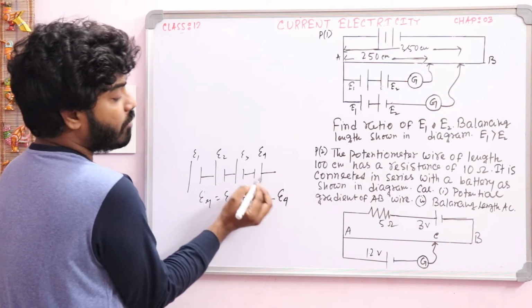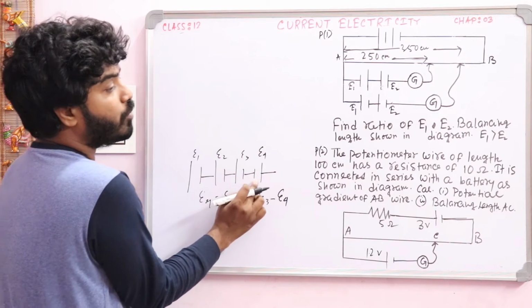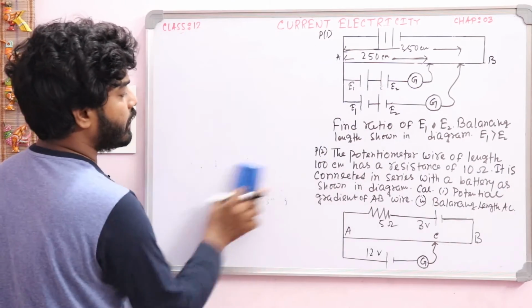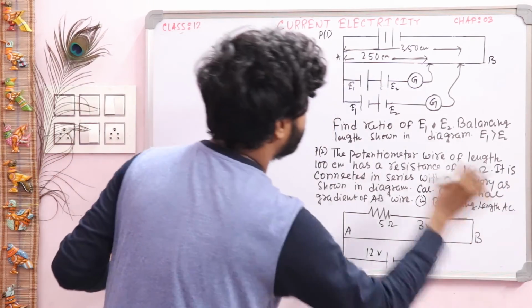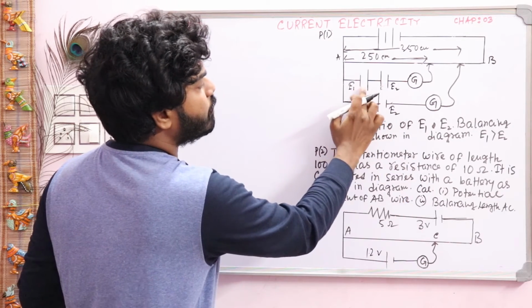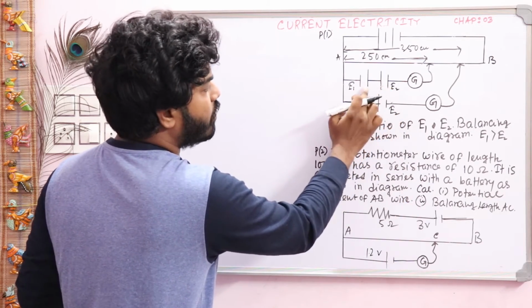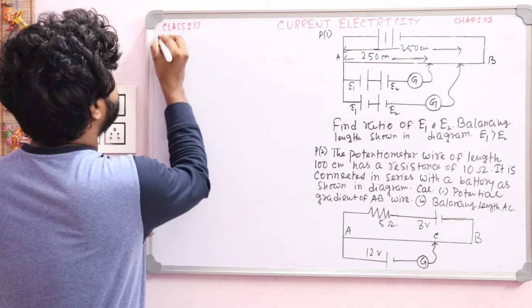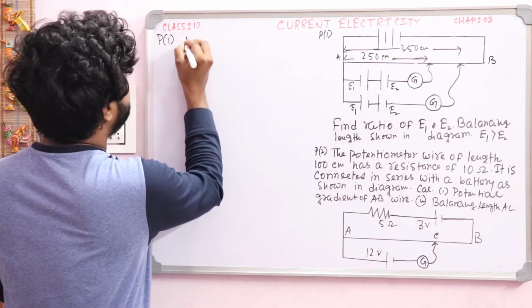Why minus? Because this cell is connected in the opposite manner. So according to our problem, for the first case E1 and E2 are connected in the opposite manner, minus plus, plus minus.